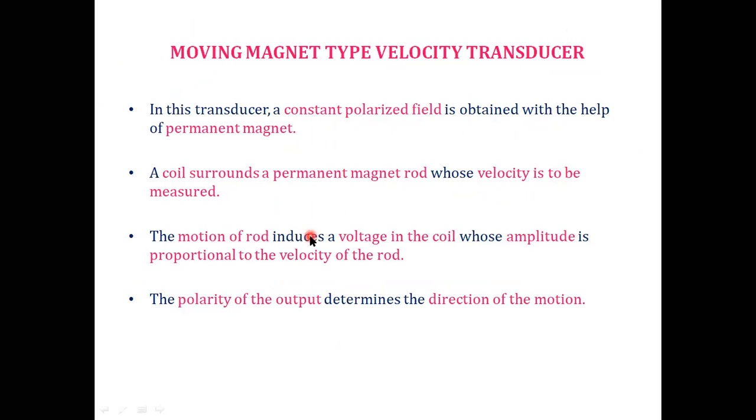The motion of the rod induces a voltage in the coil whose amplitude is proportional to the velocity of the rod. The polarity of the output determines the direction of motion, depending upon in which direction it is moving.